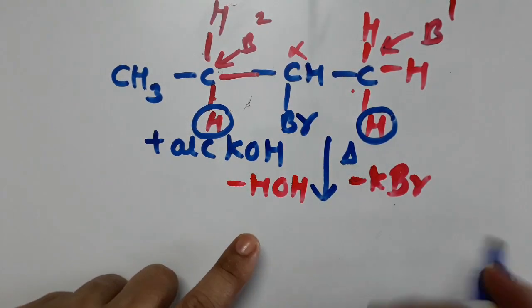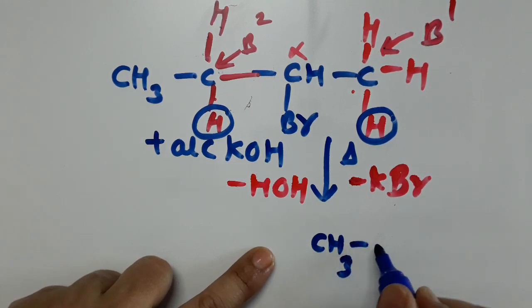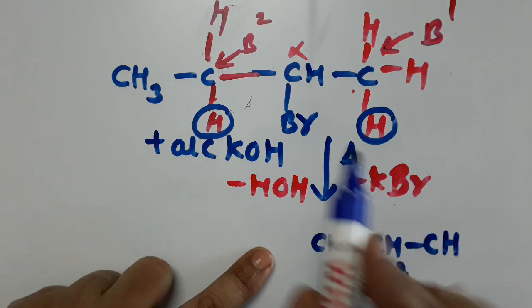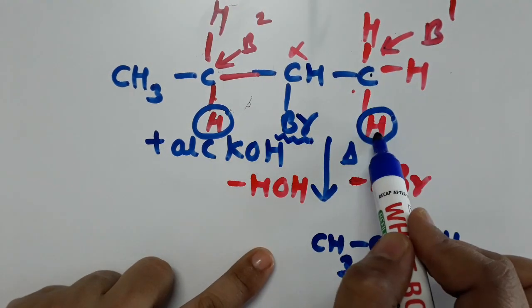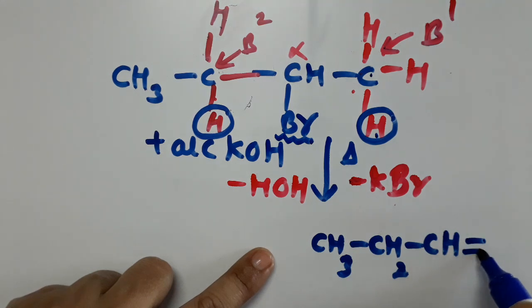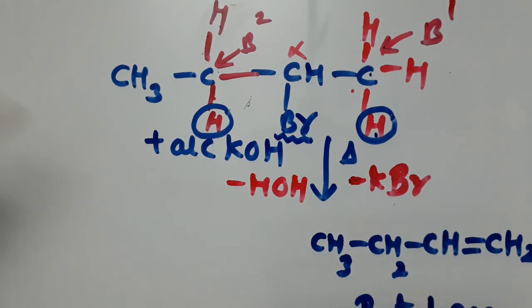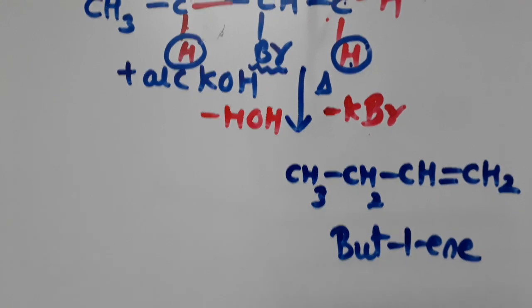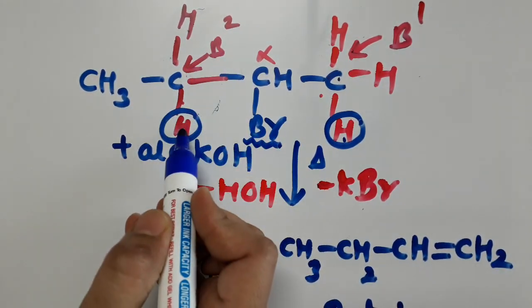So in this case, the product which we will get would be CH3, CH2, CH. Now see, Br has come out already. So from the beta 1 carbon atom, hydrogen is coming out, so I'll get a double bond over here, CH2. So the first possibility is I will get but-1-ene. Now the second possibility is that from beta 2 carbon atom, hydrogen will come out.